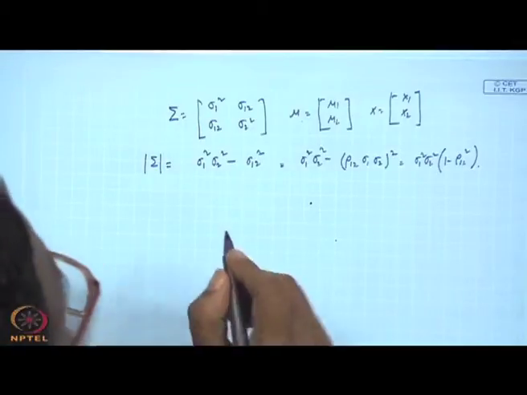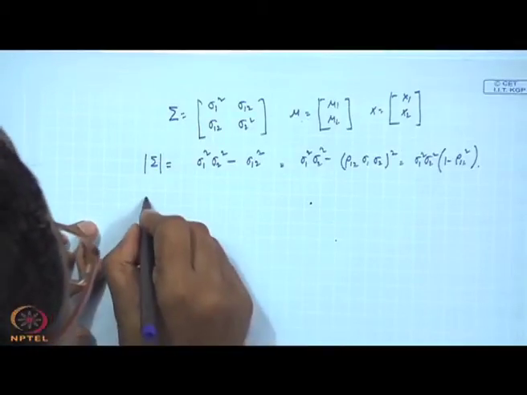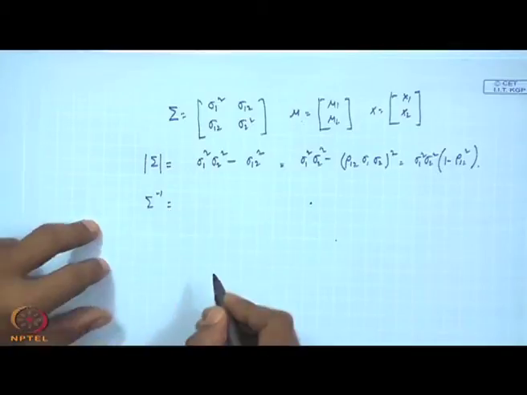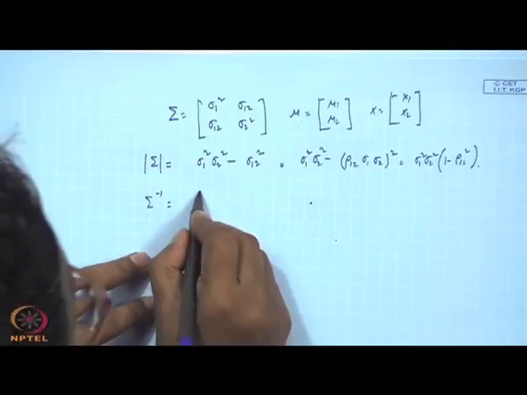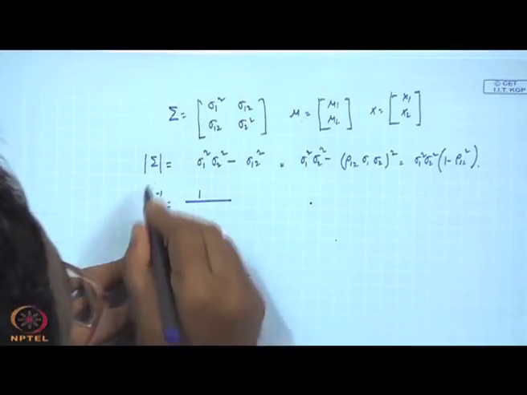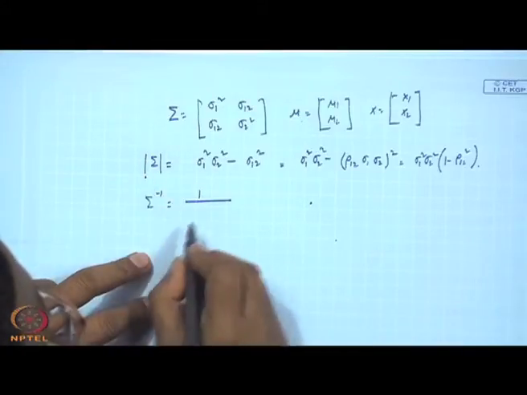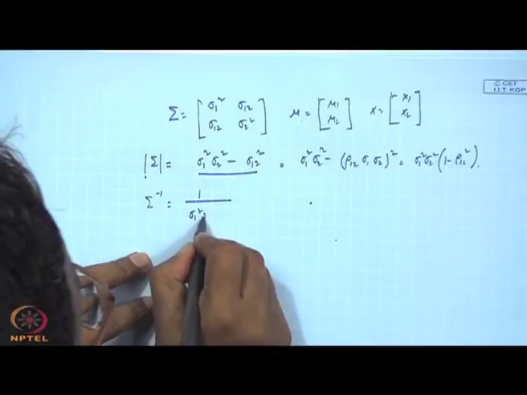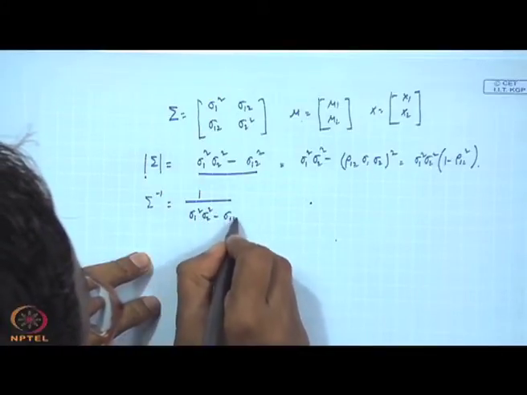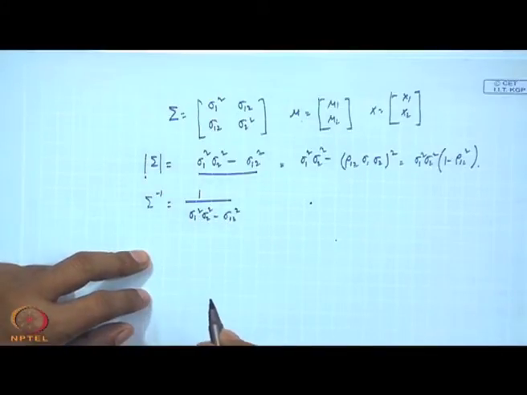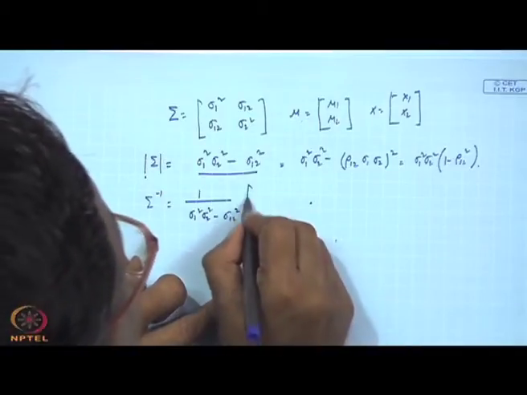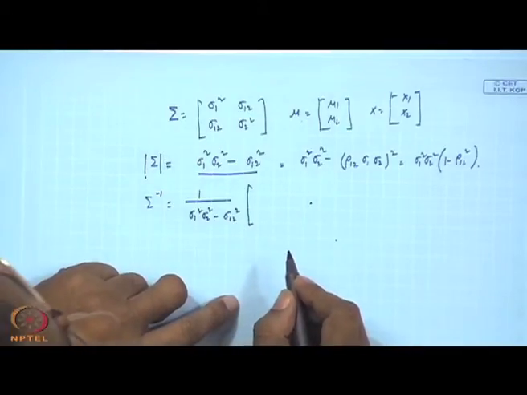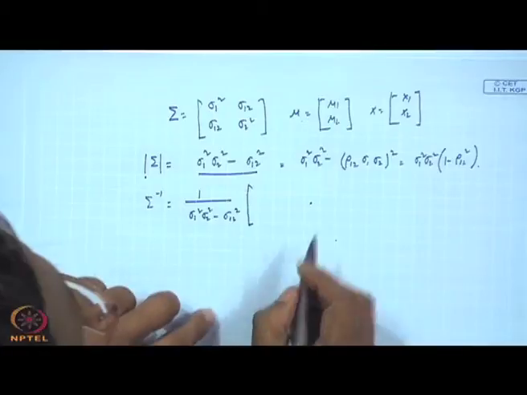Okay. And what will be your inverse here? The inverse will be 1 by determinant, so 1 by sigma 1 square sigma 2 square minus sigma 12 square, into the transpose of the cofactor.